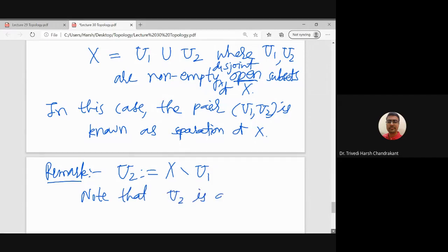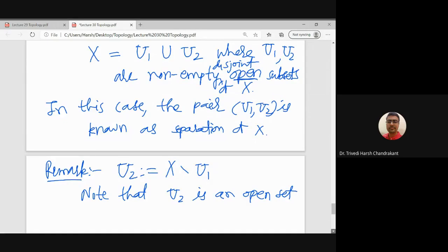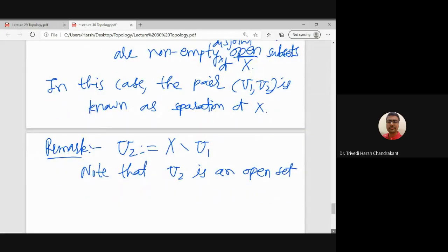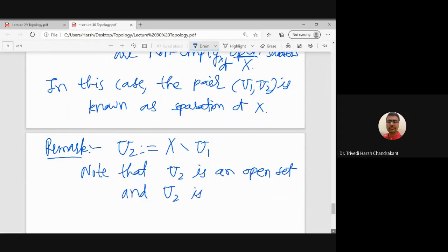But U2 is also the complement of U1, and U1 is an open set. If I have an open set in a topological space, its complement is always a closed set. So U2 is an open set as well as a closed set.